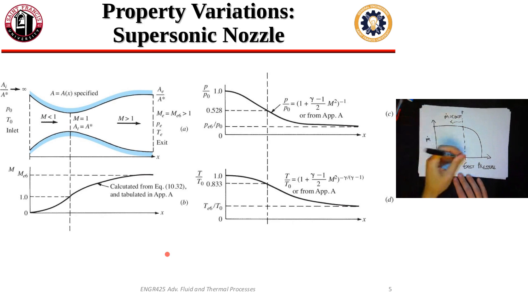As I start to dial back my exit pressure, the mass flow rate becomes a constant. And this is what's called choked flow.